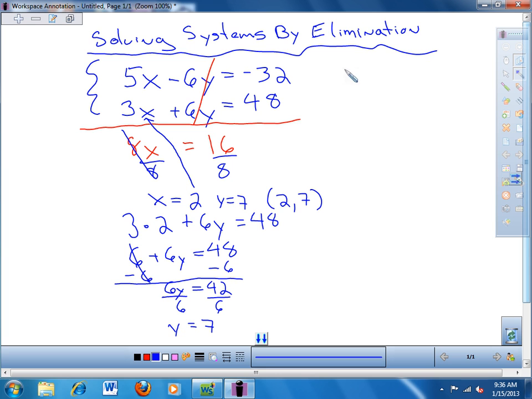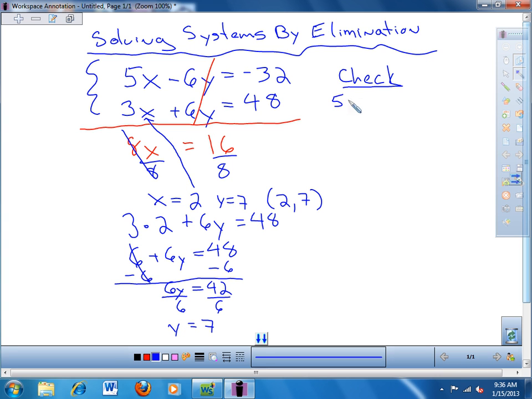The last thing you should really do is check. I've already found y by plugging into this equation, so I probably want to plug both x and y into my other equation to see if they make this relationship true. I'm going to take 2 and plug it in for x, and 7 and plug it in for y up here, and see if it makes negative 32.